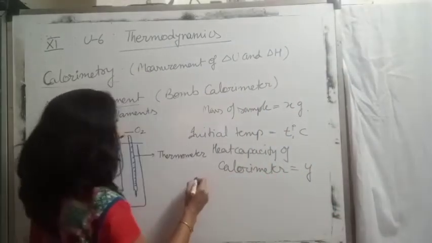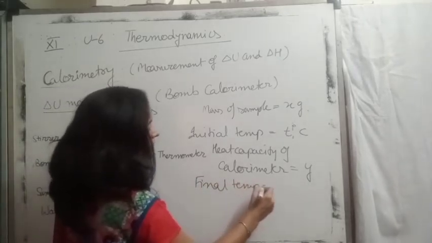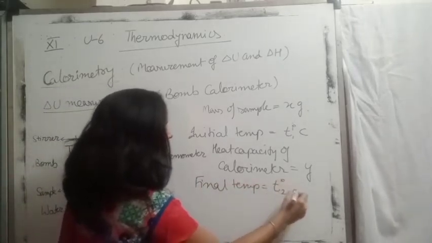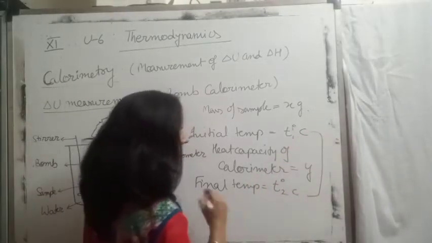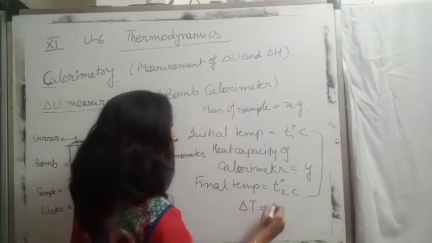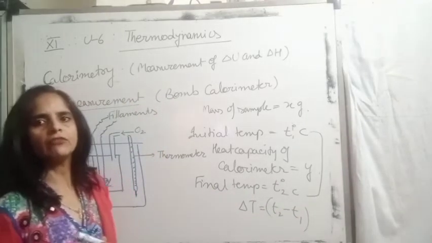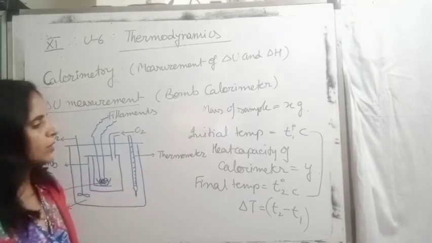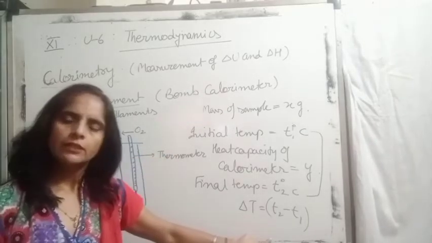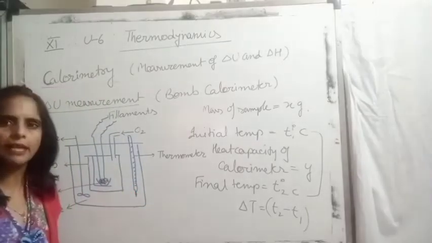Let the final temperature be T2 degrees Celsius. From T1 and T2 we can find the value of delta T, that is T2 minus T1, final temperature minus initial temperature.